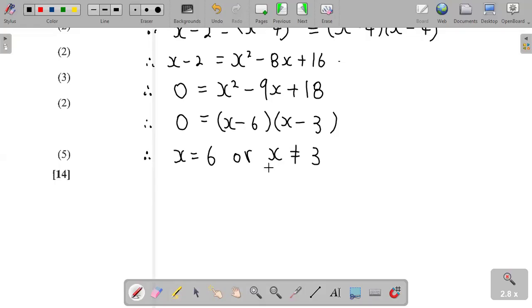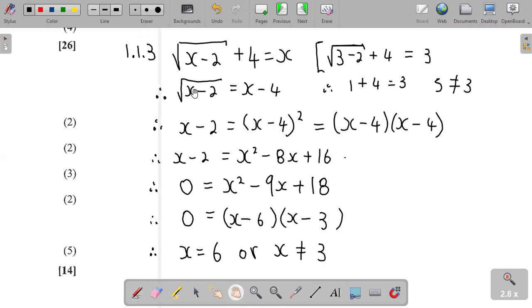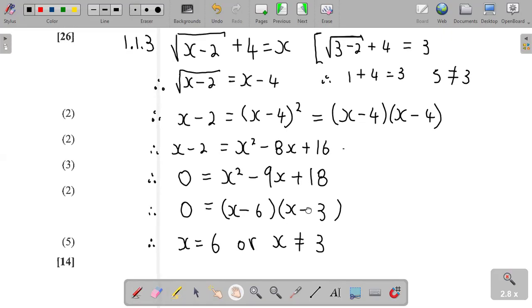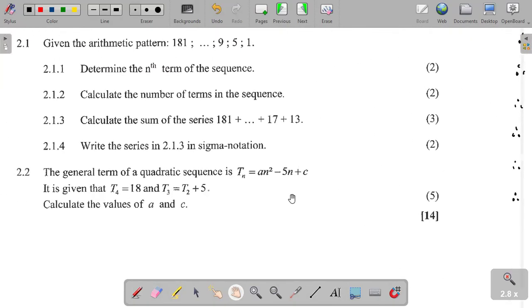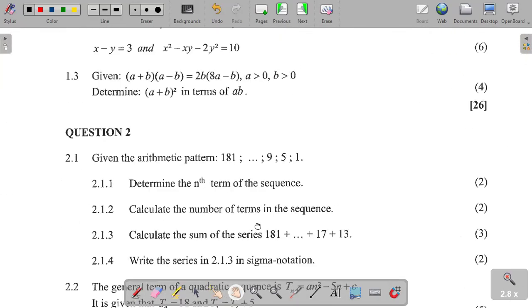So please be careful. You must always test your values. The value that you find must be tested, especially when there's a square root like this, because you may find that some of the values that you find are not real solutions of the problem, okay? So please be careful.